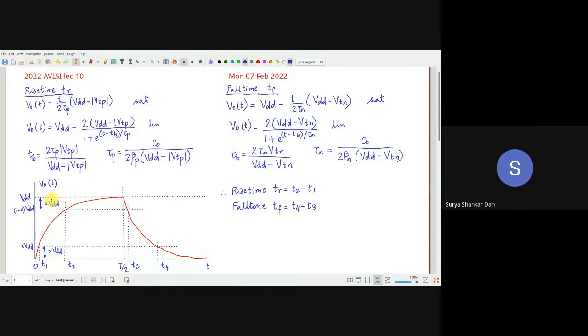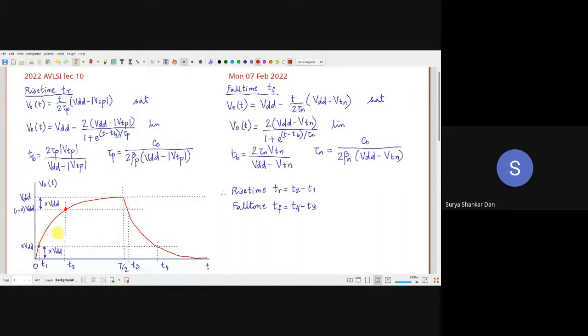All right. So now, if this is X VDD, then we have to find out the instances when this output voltage is crossing this particular line here and this particular line there. Let me just use a different color. This particular point over here is where VO is crossing the 1 minus X VDD value, and the other point is where VO is crossing the X VDD value.